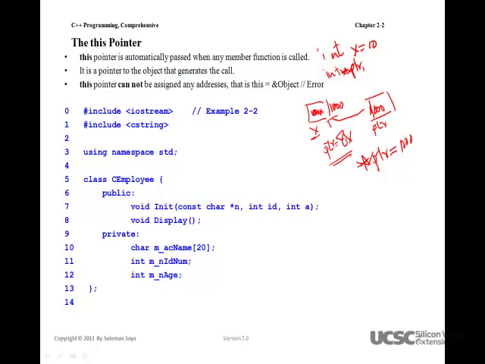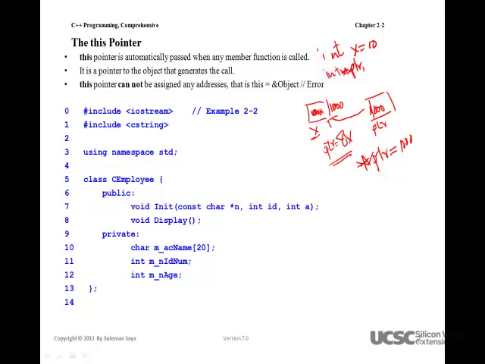So this pointer is no different than the regular pointers, except that it is a special pointer. It can hold the addresses of an object. That's the difference. Now, C++ in many ways will add some extra code during the compilation. It will insert some extra code for you without your knowledge.